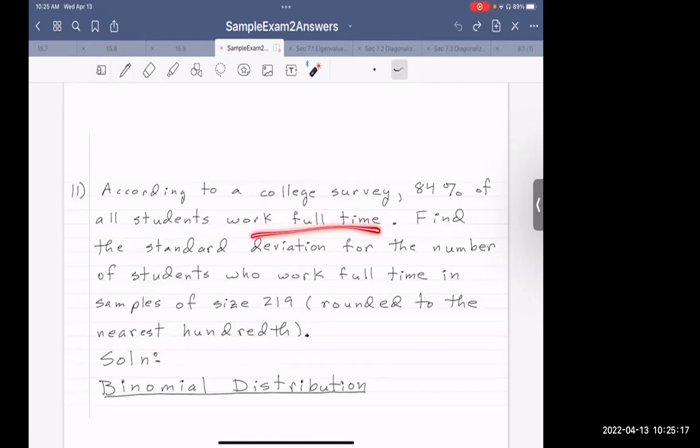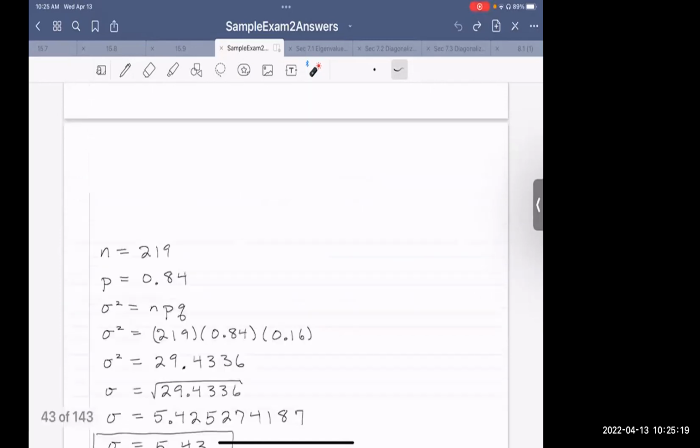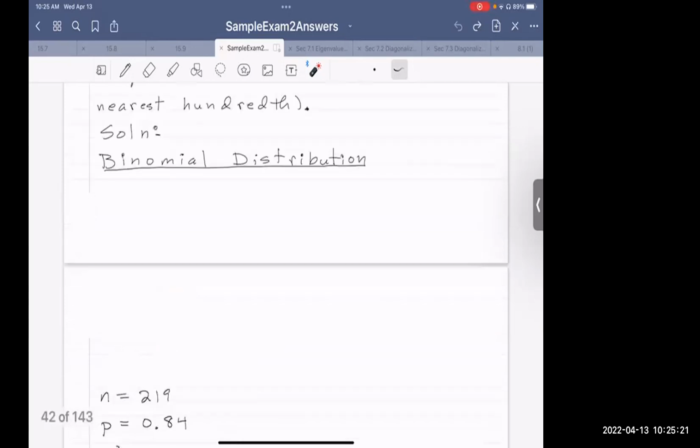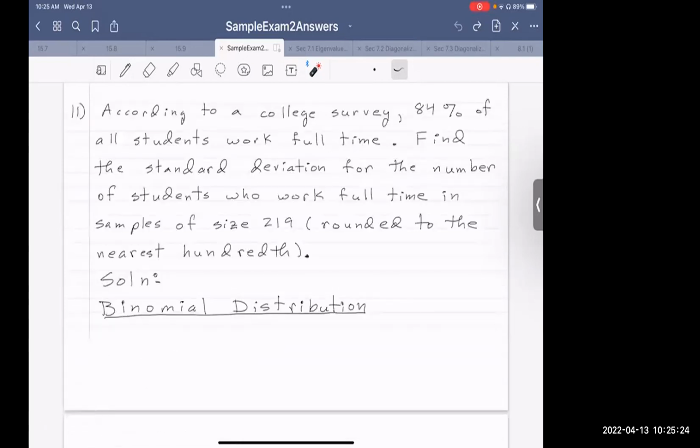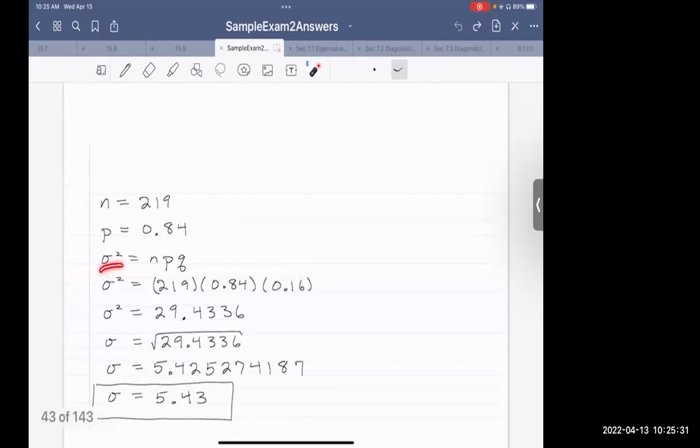The probability of success is 0.84. I want to find the standard deviation. So let's find the variance for the binomial distribution. The variance is given by npq. So n is 219, p is 0.84. If I have an 84% chance of success, I have a 16% chance of failure. So q is 0.16. Let's multiply these together.